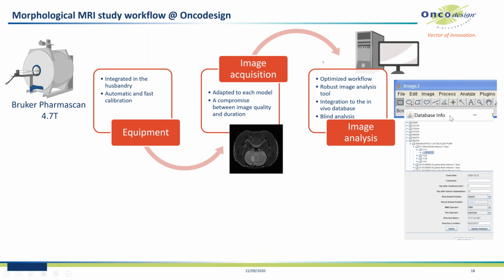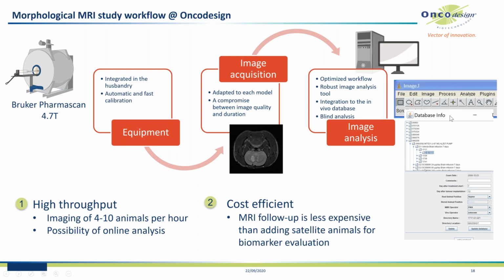And we also optimized the analysis process so that we can have analysis online. With this analysis we can do randomization based on MRI, because we can analyze the data on the same day as imaging. So we have a high throughput.